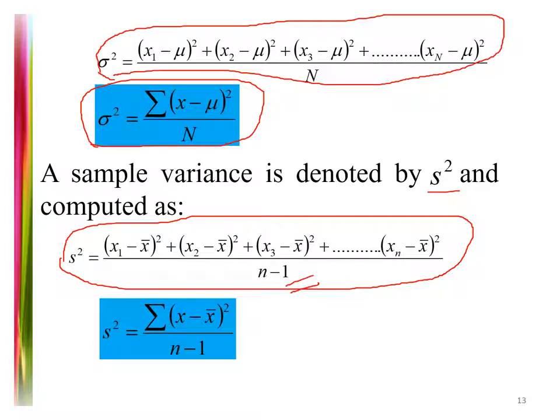Earlier, in the population case, we divided by big N, the total number of individuals in the population, but in this case n minus 1, that is important. So s squared, the sample variance, is equal to summation of x minus x bar squared divided by n minus 1. This is our formula, so we can use it in our calculation.